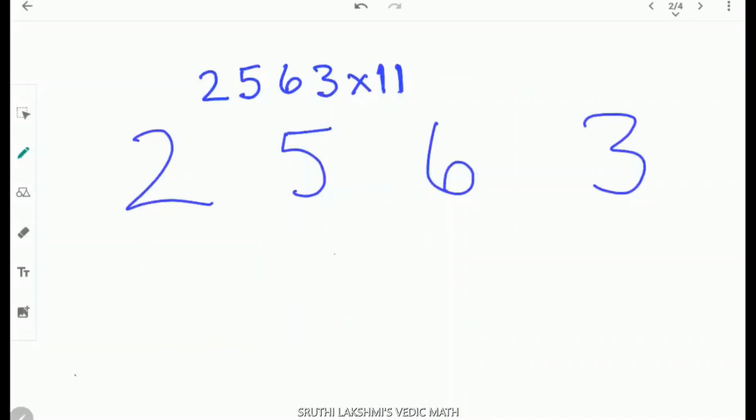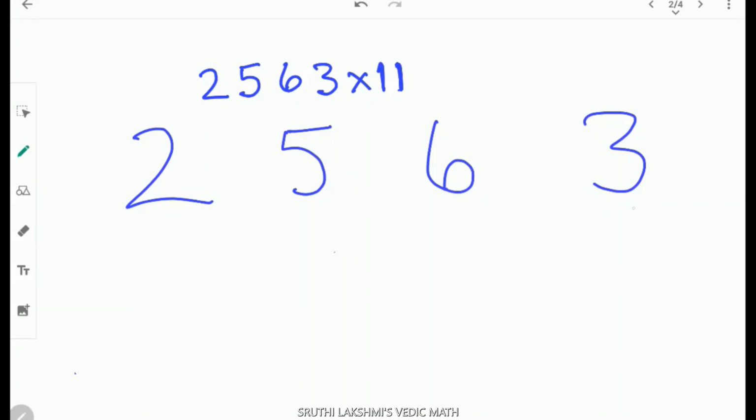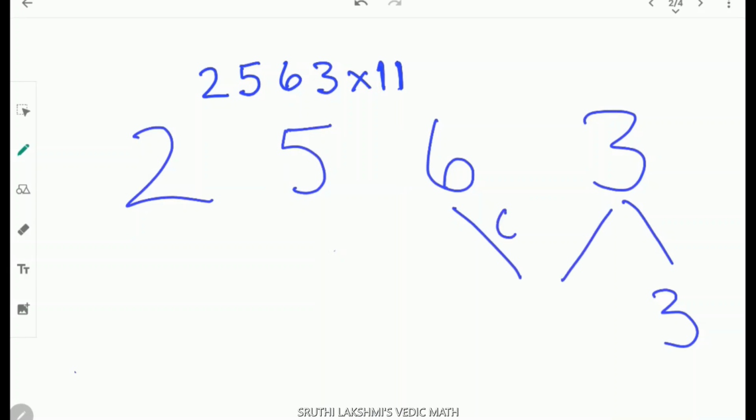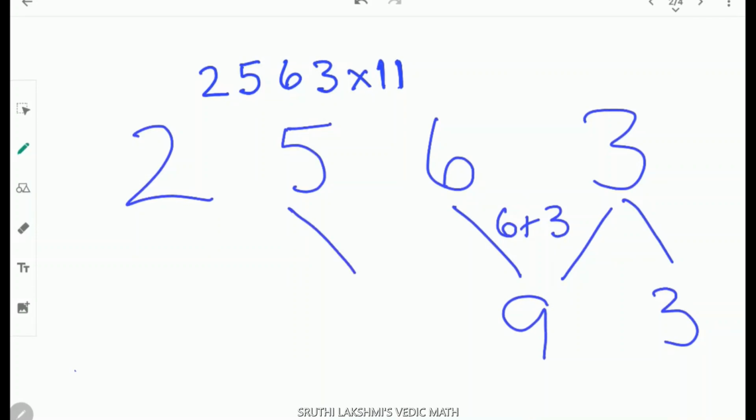Let's try another example. Let's use 2563 times 11. Write 2563 like this. First, write 3 as it is. Next, add 6 plus 3, which is 9. Write 9 over here. Next, add 5 plus 6, which is 11.